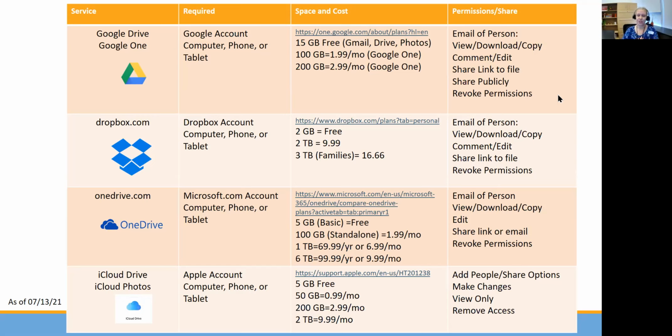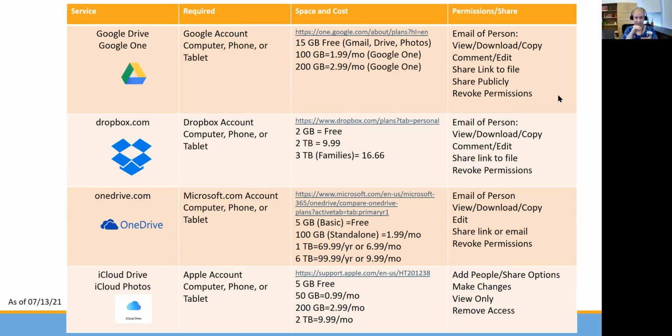And then you get a certain amount for free. And you can see that varies. For Google Drive it's 15, Dropbox is 2, OneDrive I think is 5, and I think iCloud, like Rebecca said, will let you do 5 gigabytes for free. After that point, they all have a pay scale model where you can do a subscription-based payment per month or per year, or you pay once for the whole year and then you have that subscription for the whole year.